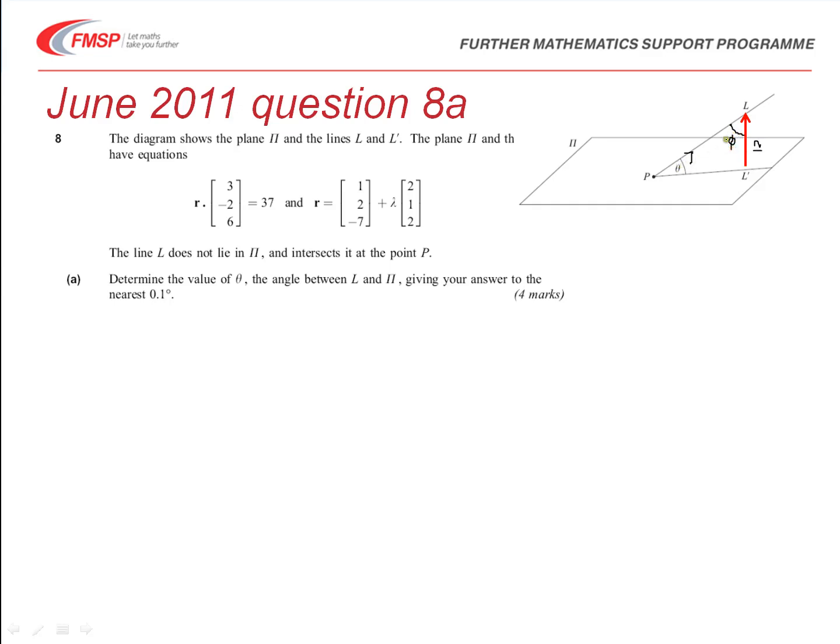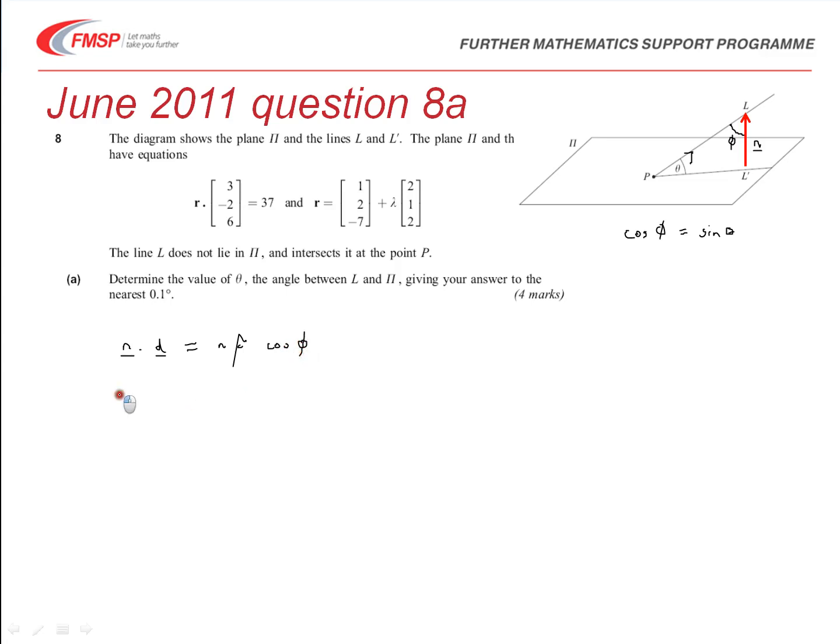and since these two angles add up to 90 degrees, we know that the cosine of phi will be equal to the sine of theta. So, using our scalar products then, we know that n dotted with d will equal the length of n times the length of d times the cosine of phi.